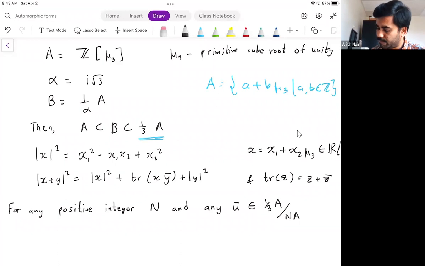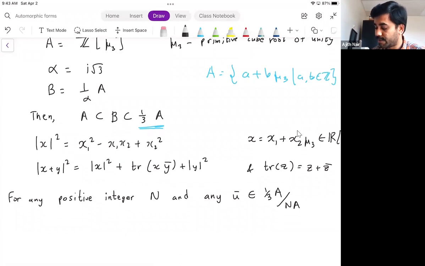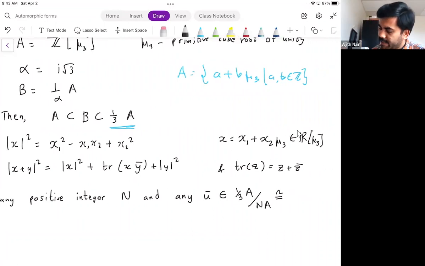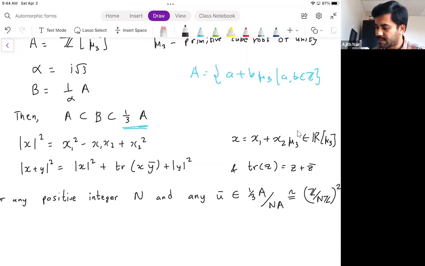And then we consider this quotient group 1 over 3A mod nA. A is isomorphic as an abelian group to Z squared, and 1 over 3A is isomorphic to Z squared. So this is going to be isomorphic to Z mod nZ squared as an abelian group.